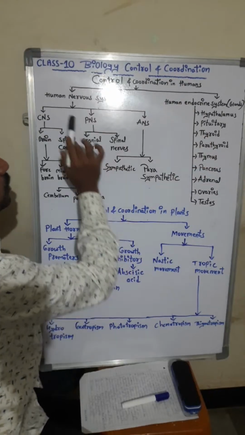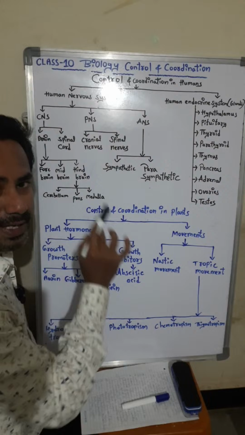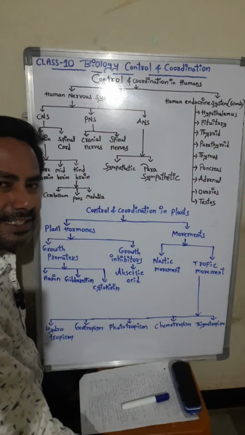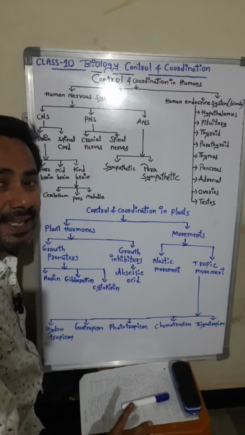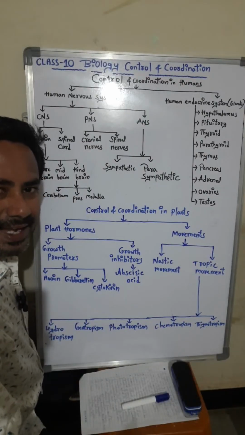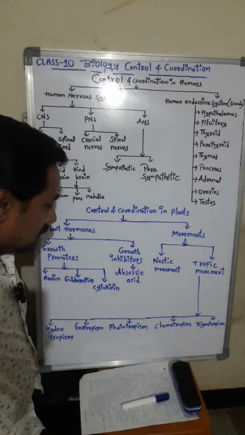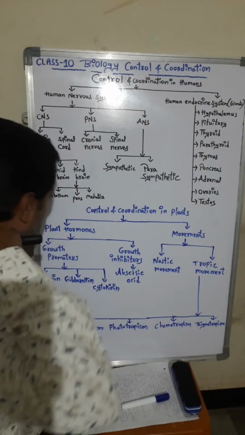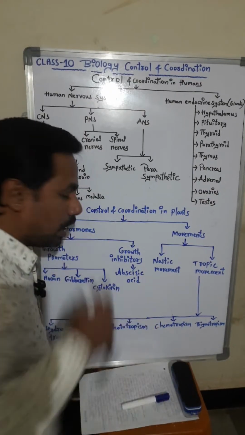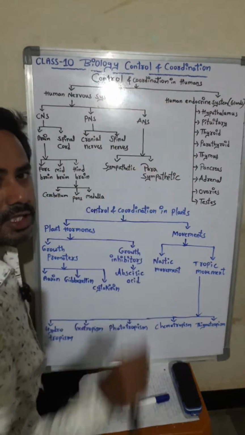Now, in the human nervous system there are three types: CNS, PNS, ANS. CNS is the central nervous system. You have to remember CNS, central nervous system: brain and spinal cord. What do we mean by spinal cord? From here till our backbone, one continuous thread-like structure is there.